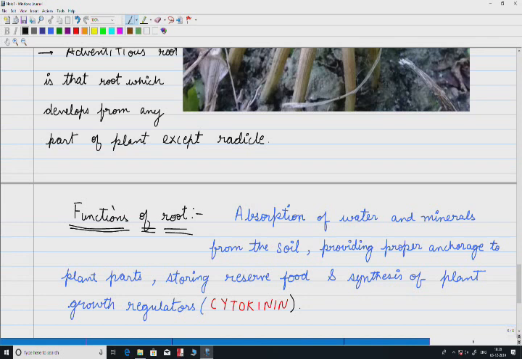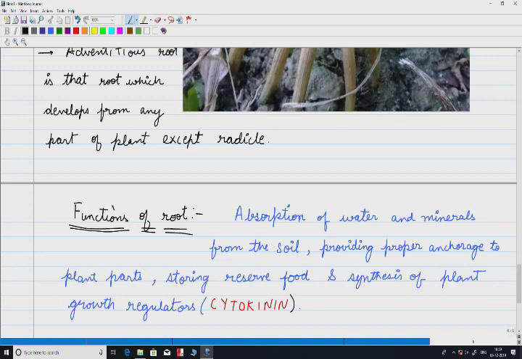Auxin is produced by shoot system. Cytokinin is produced by root system.